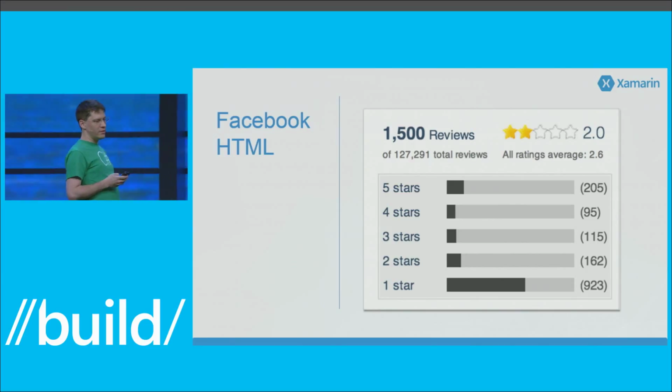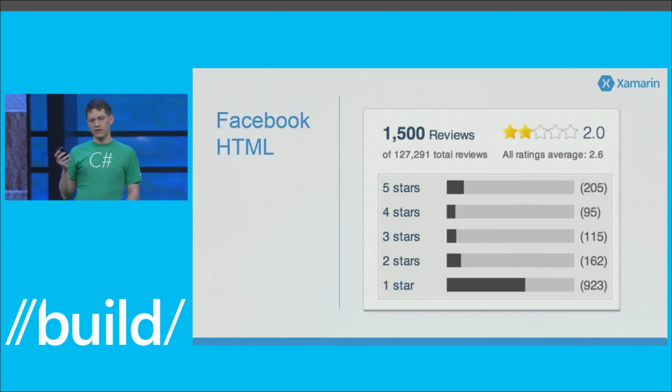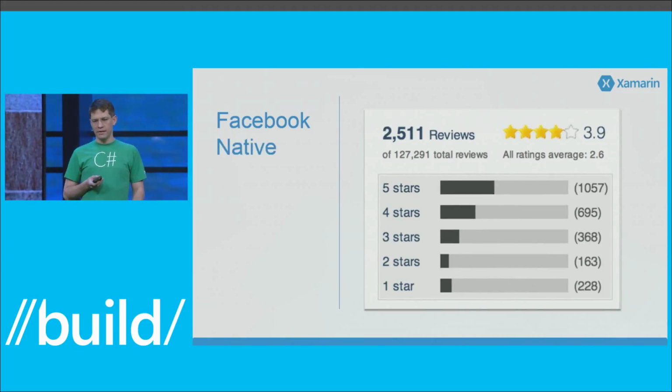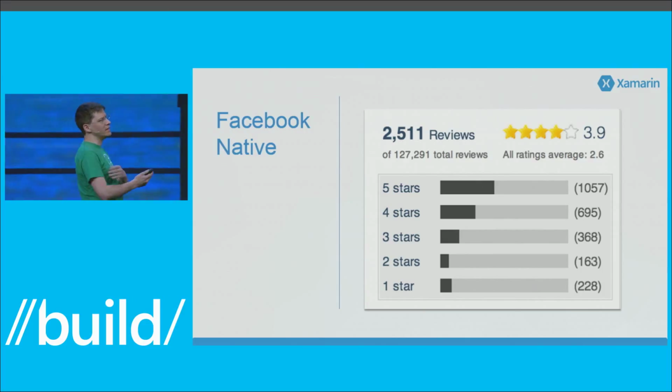At that point, Mark Zuckerberg made an announcement and said, we're now moving to native. We're going to build a native application that delivers a native experience. And this is what happened once they launched the native version. So they went from a majority of 1 stars to a majority of 5 stars. So it is a big deal.